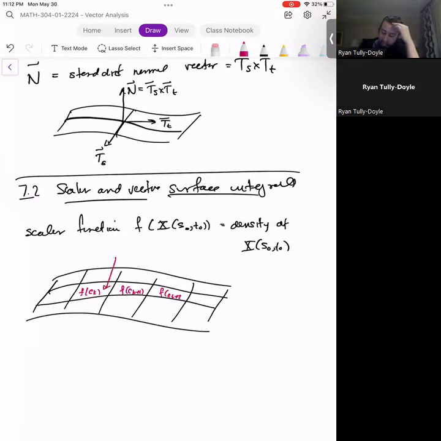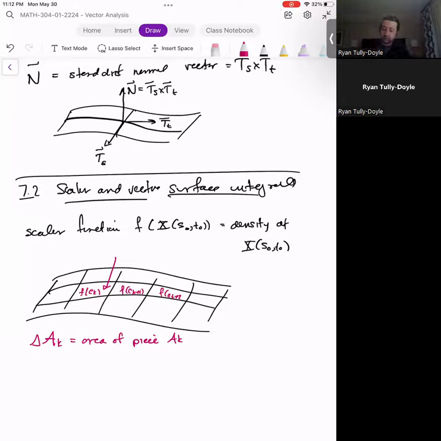You can imagine the area of each one of those rectangles, so we'll call the change in AK the area of the piece AK. As we go piece to piece, we get different masses, because we're multiplying a density function times an area.